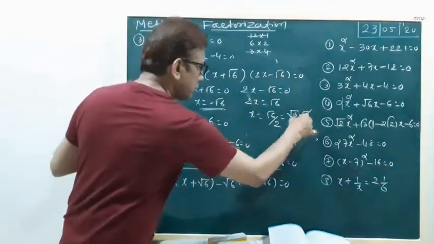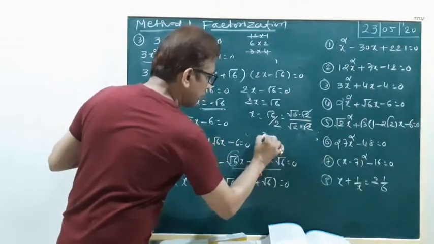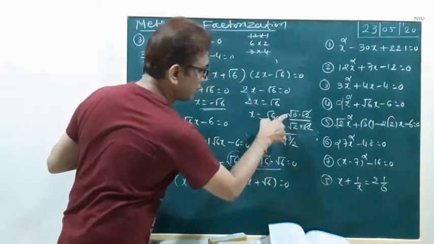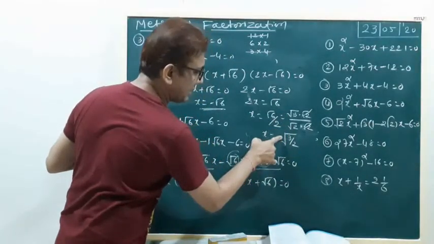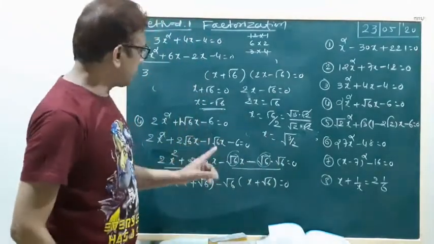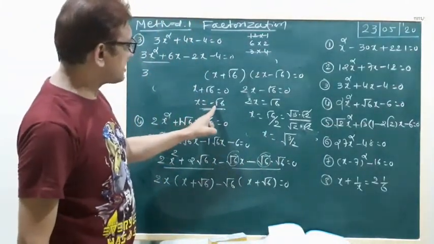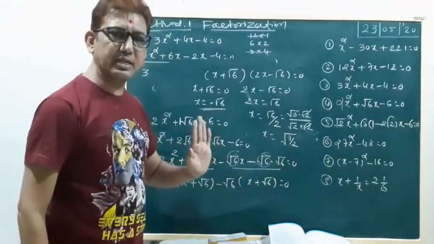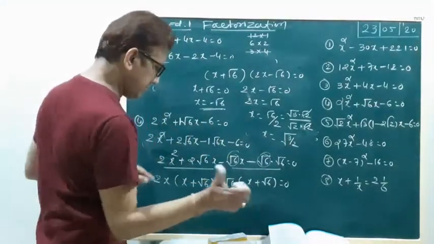Clear? So root 2 cancel. So another solution is root 3 by 2, root 3 upon root 2. But we write here only one root and root 3 by 2. Okay. So x equal to minus root 6 is one of the answers. X equal to root 3 by 2 is one of the answers. Is that clear? Okay.